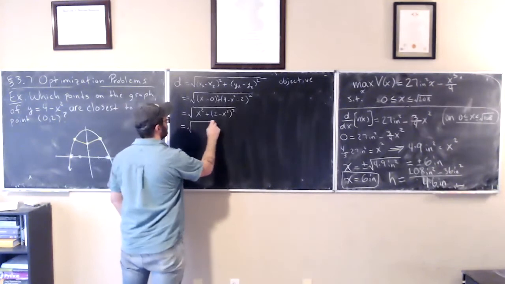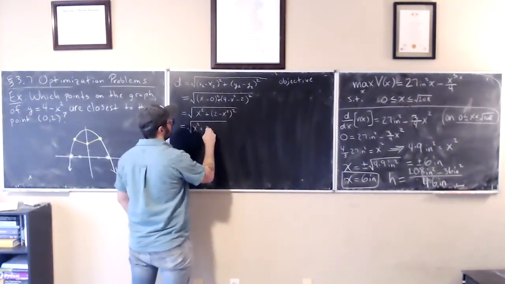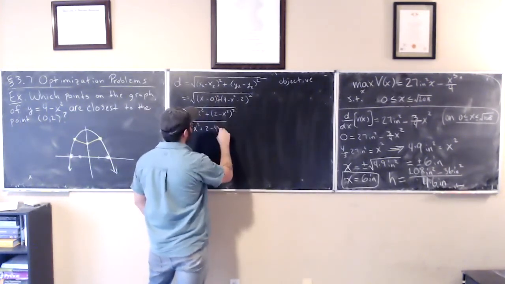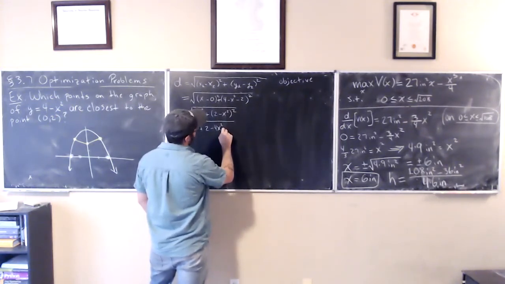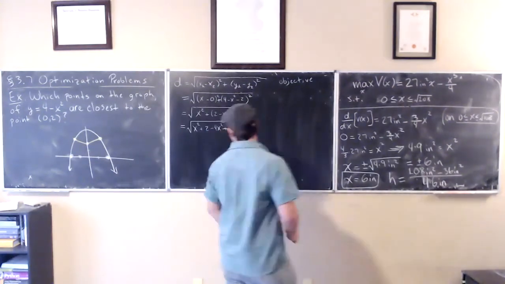So what does this become? Plus 2, and then minus 4x squared, plus x to the power 4, I'm pretty sure.